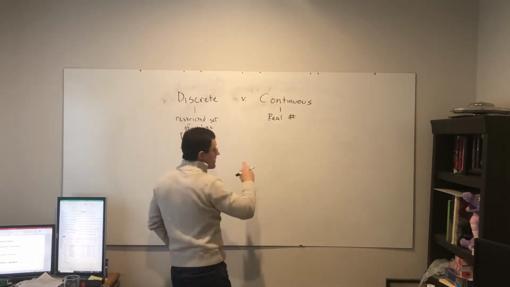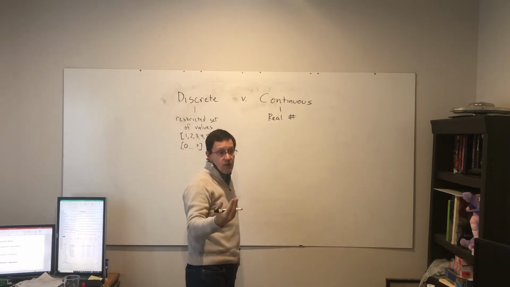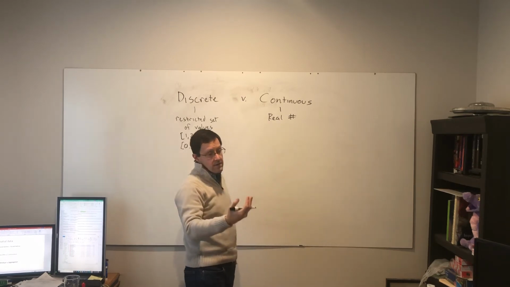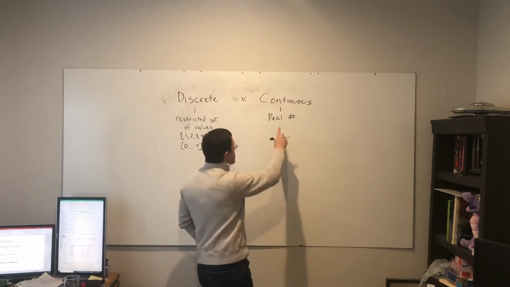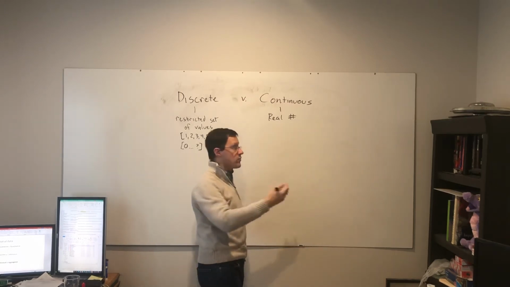And continuous values can take any number or any single possible value within a range. So it will typically be a real number.